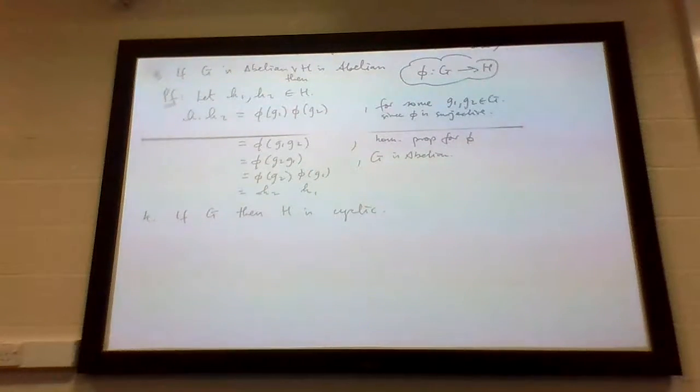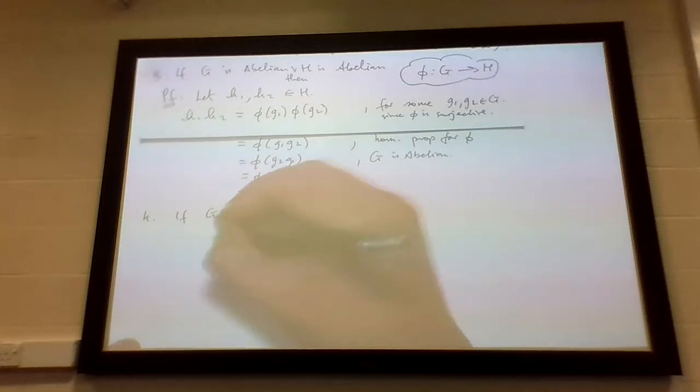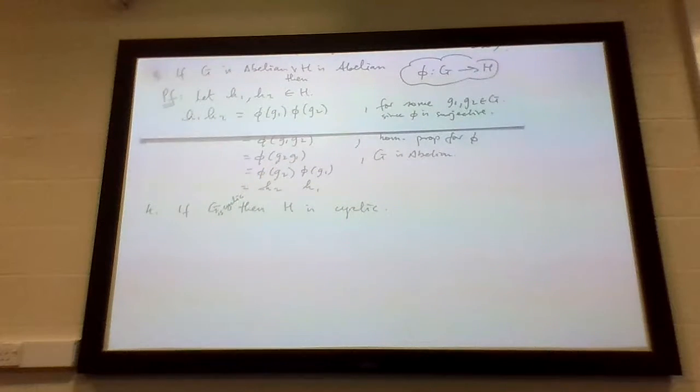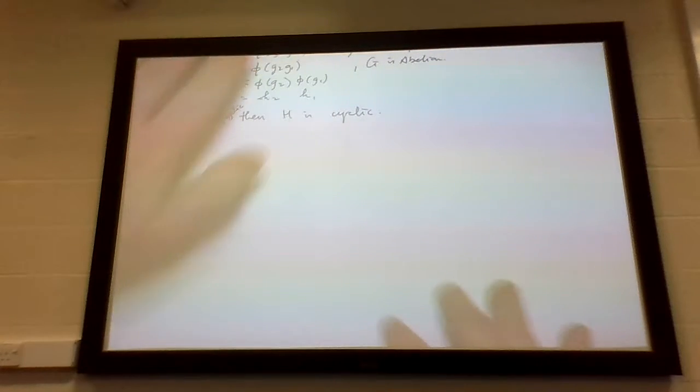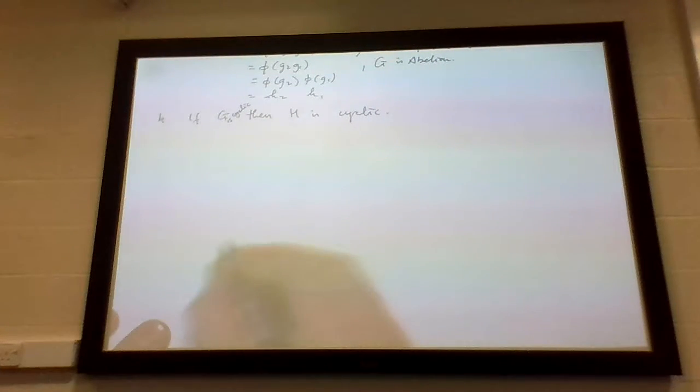Think about other ways like proof by contradiction later on, but first you should just try a direct proof. It's an if-then. So we assume G is cyclic, and we're assuming phi from G to H, the all-important homomorphism. And the conclusion we want is, therefore, H is cyclic.